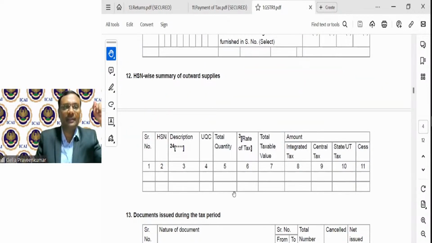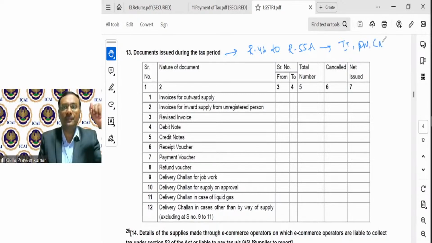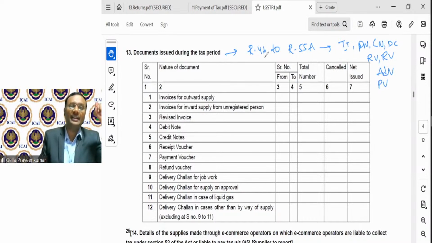Moving further, table number 13. Now, this table number 13 draws its importance from Rule 46 to Rule 55A, which deals with tax invoice, debit note, credit note, delivery challan, receipt voucher, refund voucher, advance voucher, payment voucher. These are the various documents we have discussed.